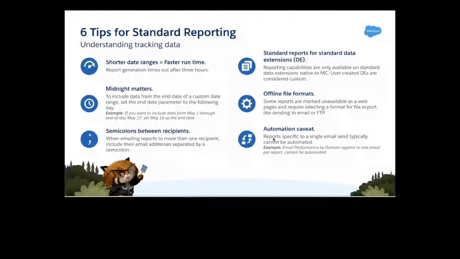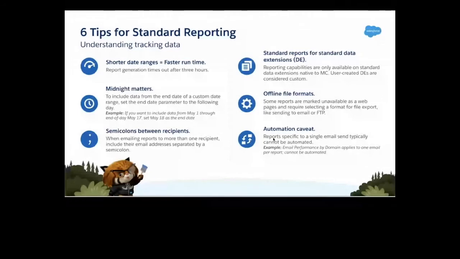It will almost take 3 hours, 4 hours as well, right? And midnights also matter a lot. So whenever you want to run the automation on these kinds of reports, I would like to request everyone to do it at midnight, because the business is off and you're not seeing any of the send email activities, or your journeys are not running at that time. I would recommend leveraging the midnight activities.